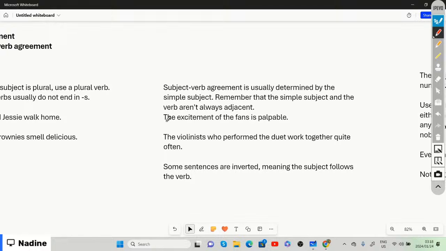So the excitement of the fans is, which is our verb, palpable, right? So the subject, the excitement of our fans, is palpable. And another example is the violinist who performed the duet work together quite often.